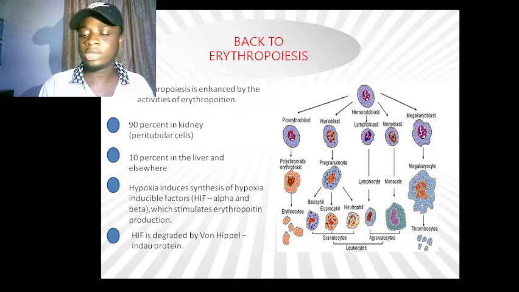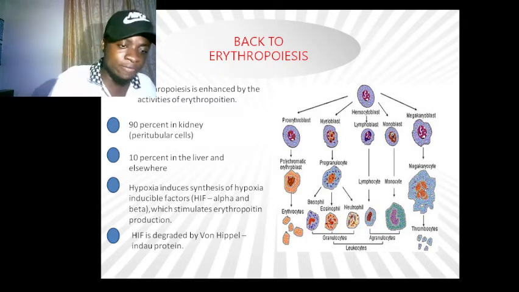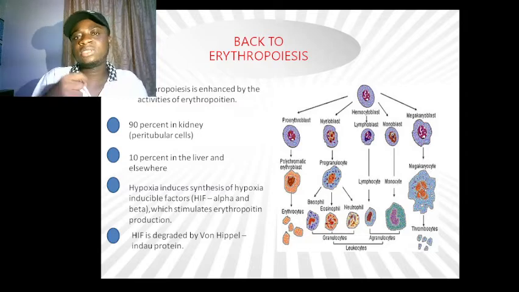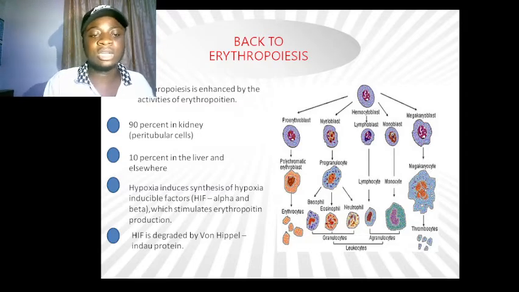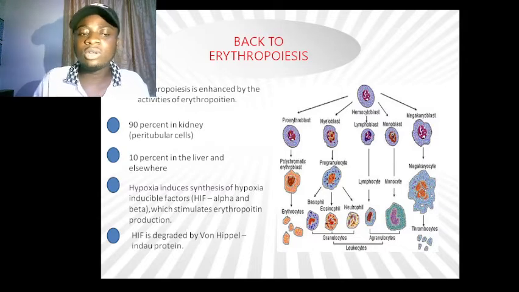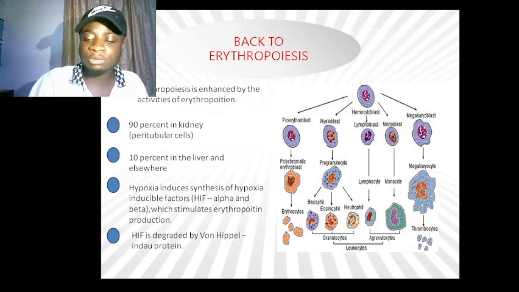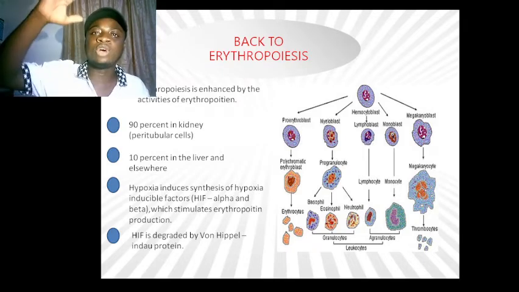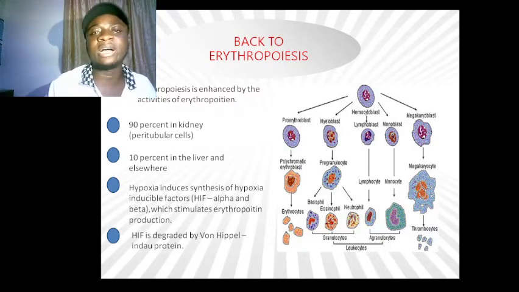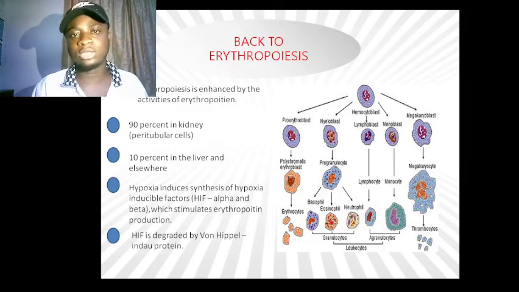It has a brother, which also performs a similar function, but that one doesn't degrade HIF; it regulates HIF abundance. So whether HIF will go up or low is regulated by the other partner of the von Hippel-Lindau protein.